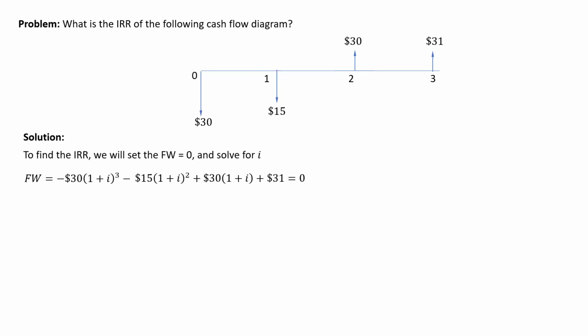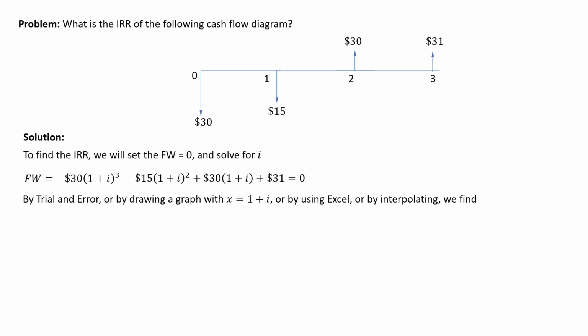Good. So how do we do this? Oh my, that's a cubic polynomial in 1 + i. We don't know how to solve cubic polynomials straightforwardly. So guess what? You just have to use trial and error or use some software to figure this out.